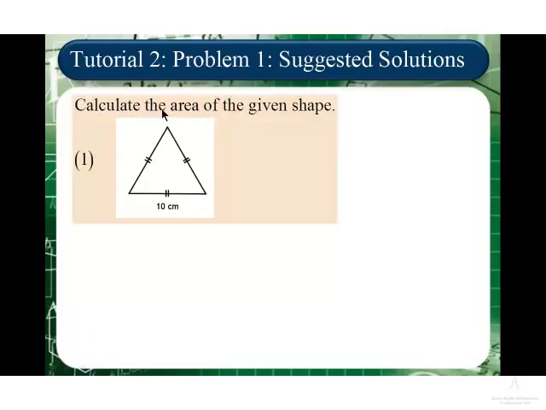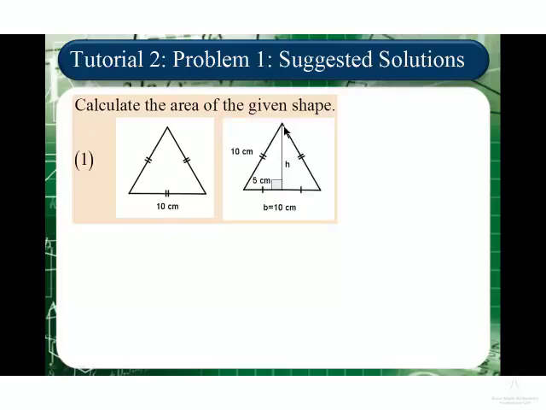In this case, we have to calculate the area of the given shape. This is a regular polygon of order 3 or an equilateral triangle with side length 10 centimeters as indicated. To start out with, like we did in the lesson, we make a construction.